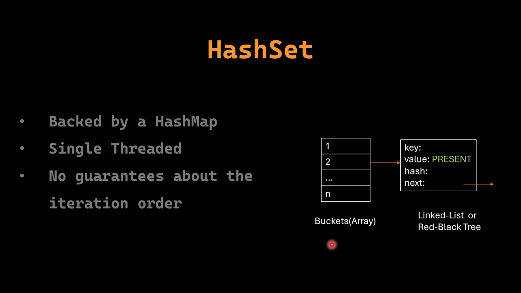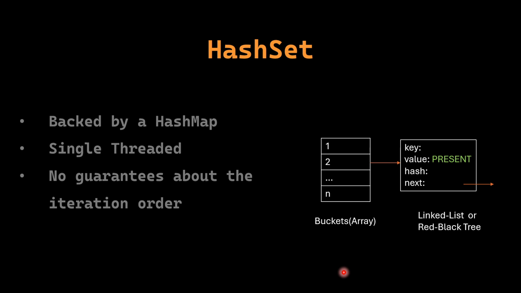This design means HashSet inherits all the characteristics of HashMap, including its performance characteristics and iteration behavior. The backing HashMap handles all the hashing, collision resolution, and resizing operations.